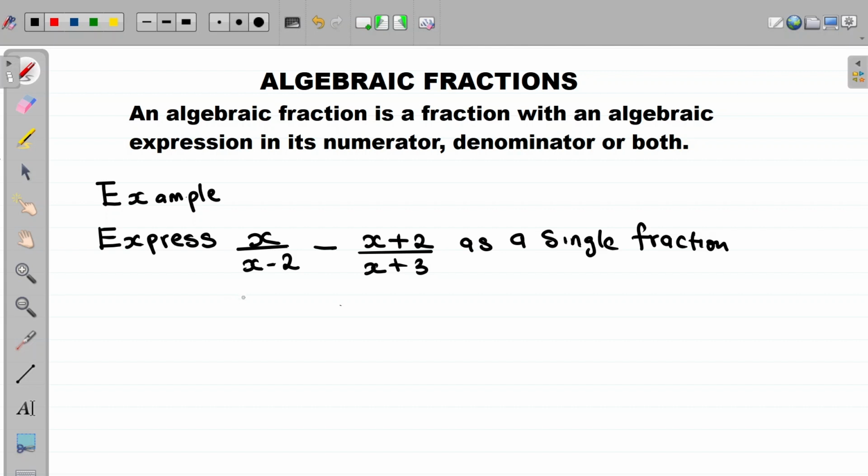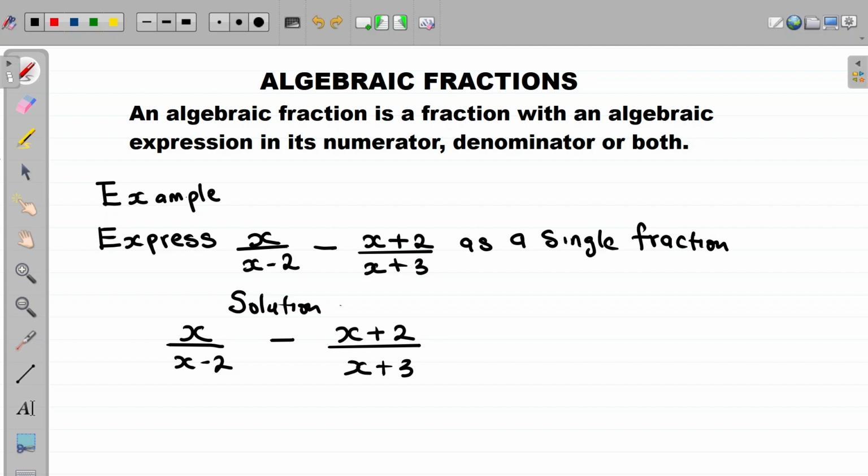First, we put down our solution. So our expression says x divided by x minus 2 minus x plus 2 divided by x plus 3. The first thing we do here is to take the LCM of the denominators.